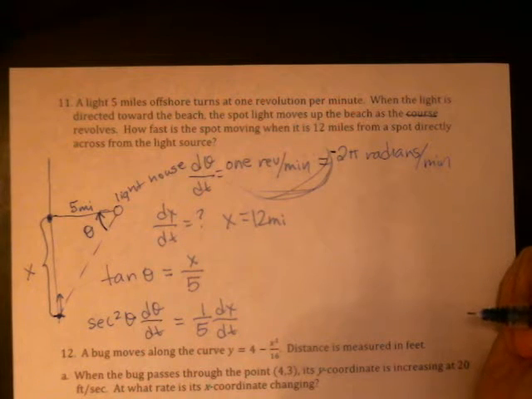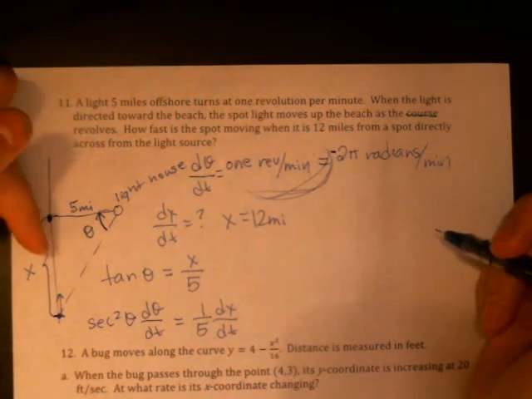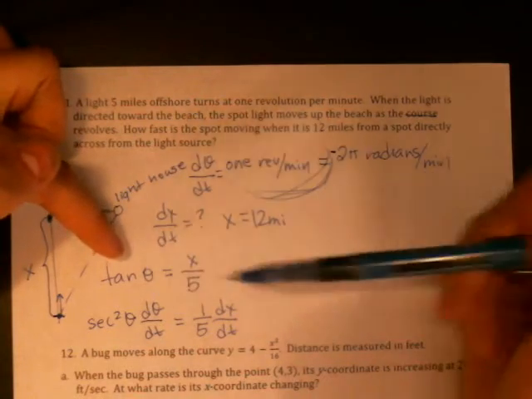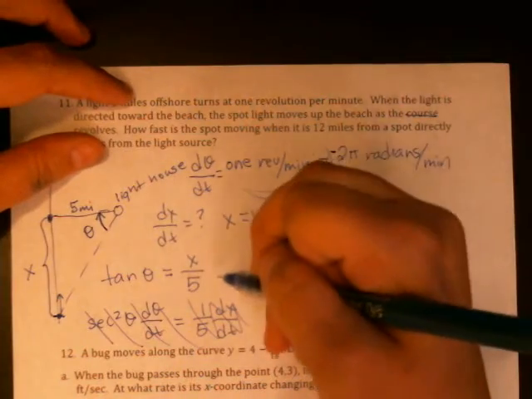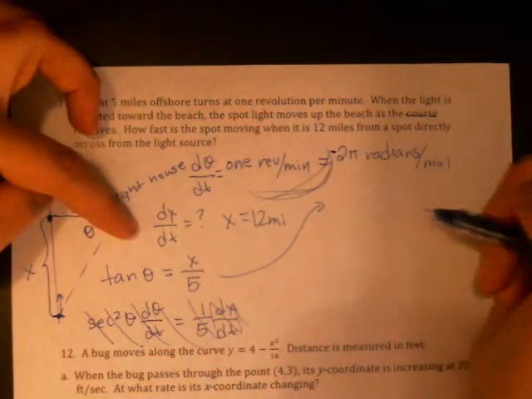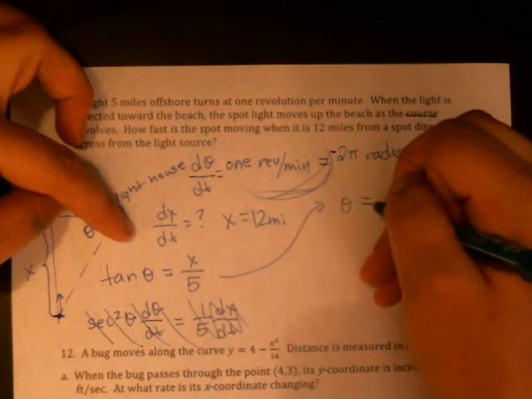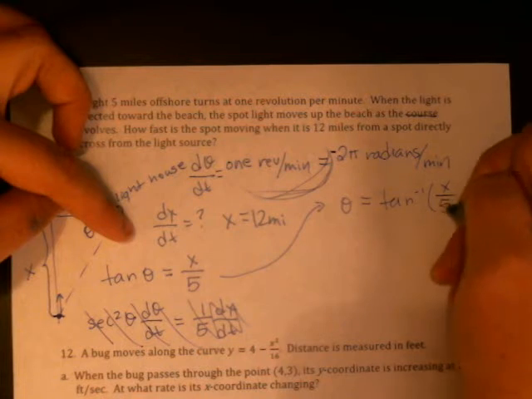Now that I've done it, I don't love it because I don't know theta. You could solve for theta by going back to your equation and asking, when x is 12, can I solve for theta? But it wasn't that hard to take the derivative, so maybe I do want to rearrange it. Theta is equal to the inverse tangent of x over 5.